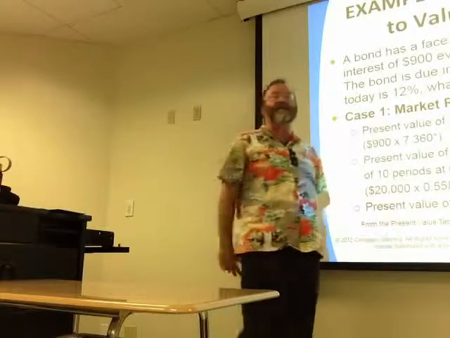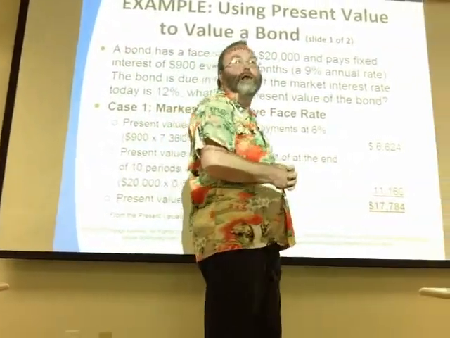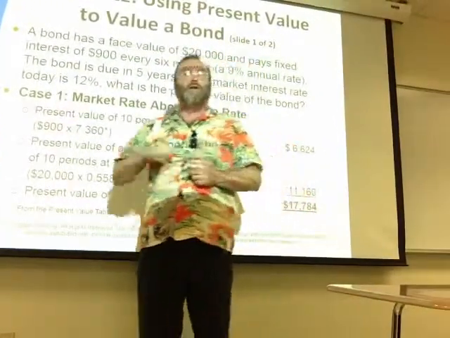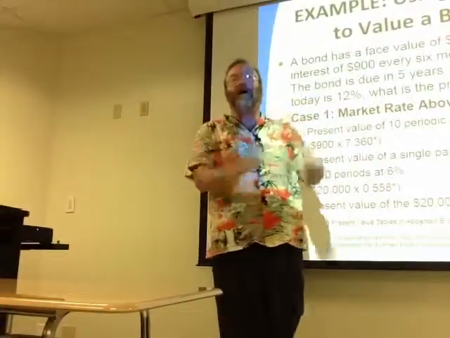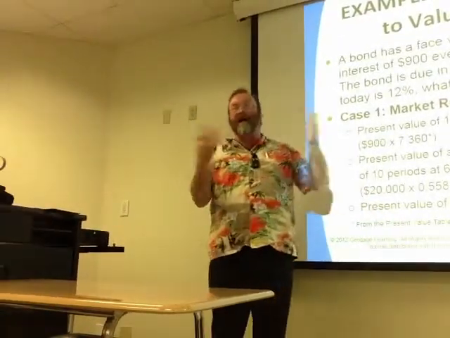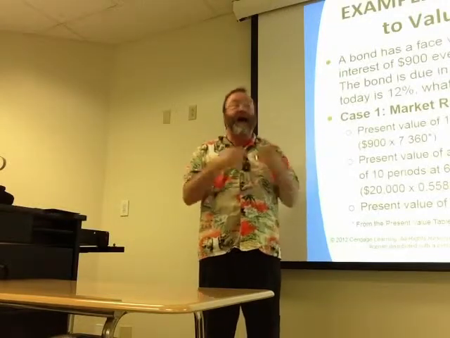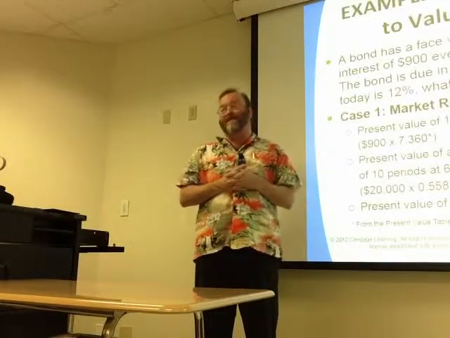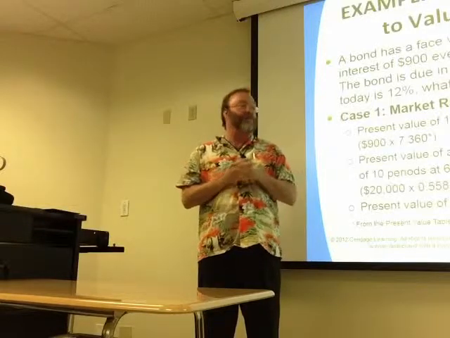So if you get to the final exam and I give you a $100,000 bond, and when you get all done looking up the factors in Table 1 and Table 2 and multiplying it all out, you come up with $100,000 or something really, really close to that, $99,996 or $105, you used the wrong rate because I'm not going to give you a bond that doesn't have a premium or discount.